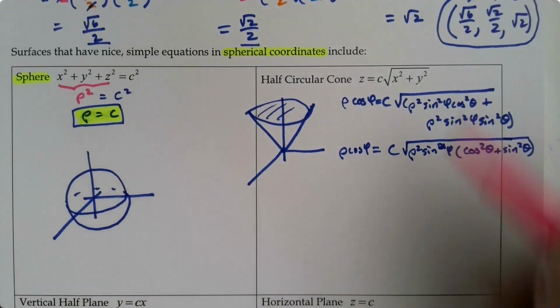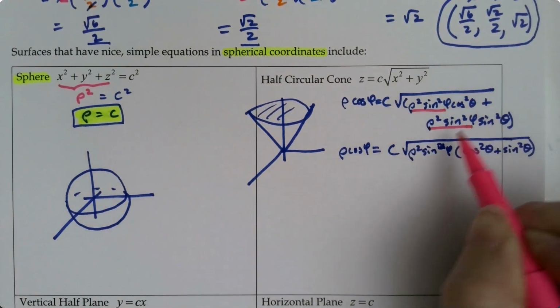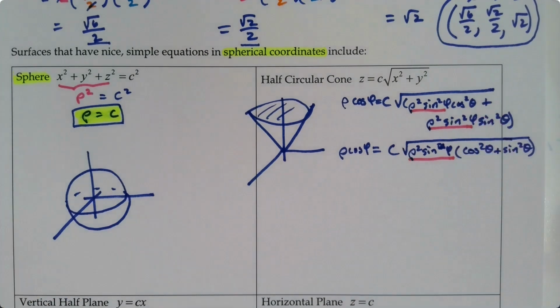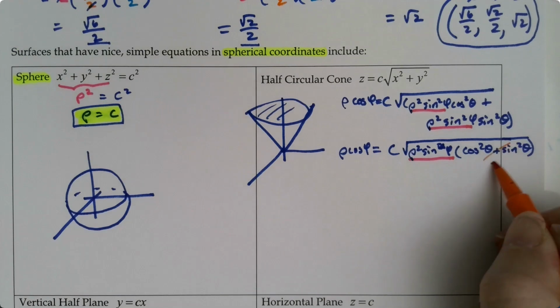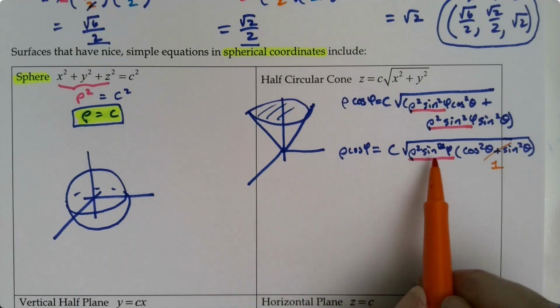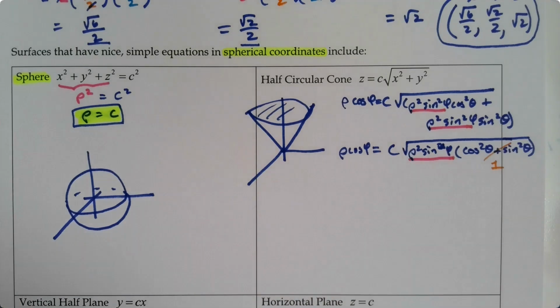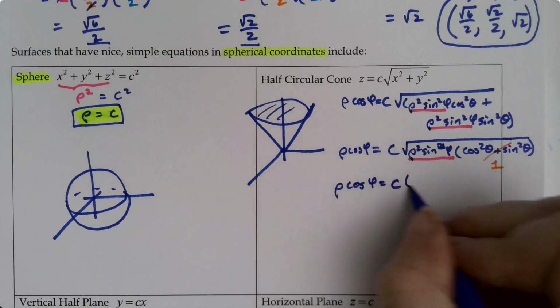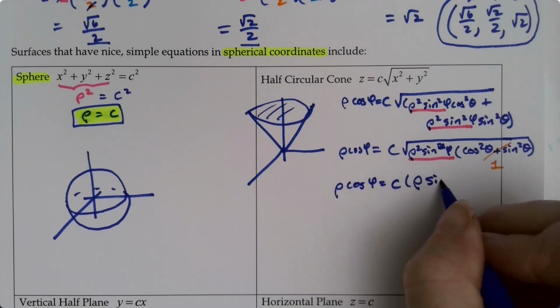What I did was factor this piece out of both of them, and it left me cosine squared plus sine squared, which we all know is 1. Okay, so that's 1. And then the square root of rho squared is rho, and the square root of sine squared is sine. So this becomes rho cosine phi equals a constant times rho sine of phi.